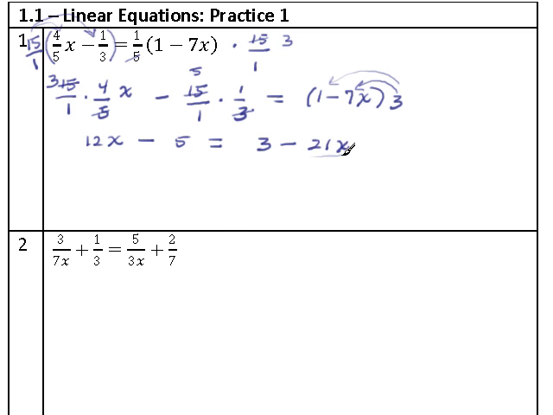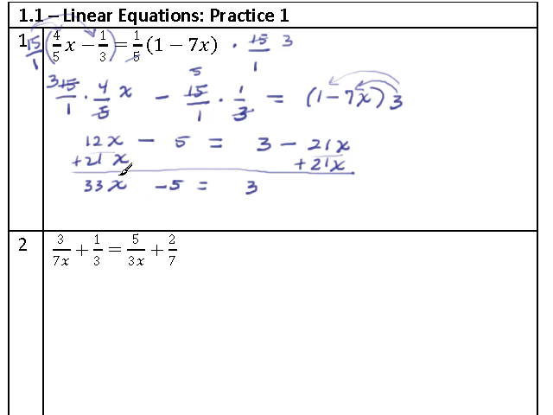And now we're going to gather together these x terms. We'll just add 21x to both sides. And over here we have 33x minus 5 is equal to 3.